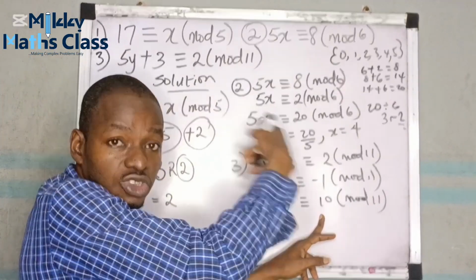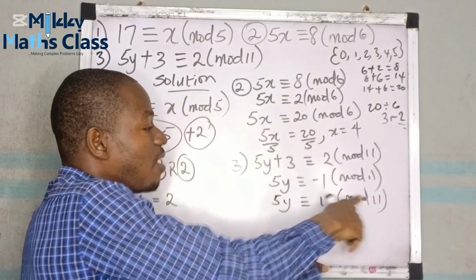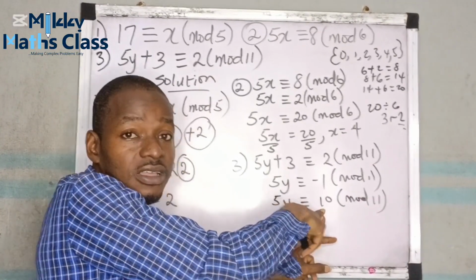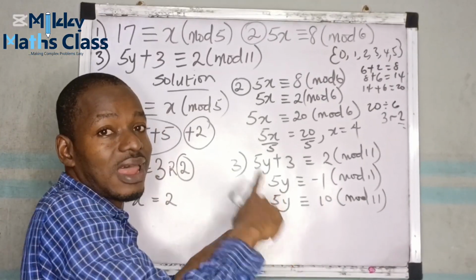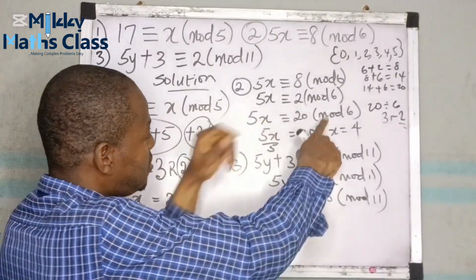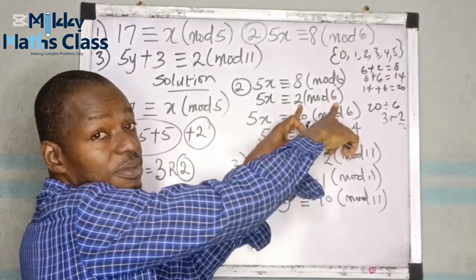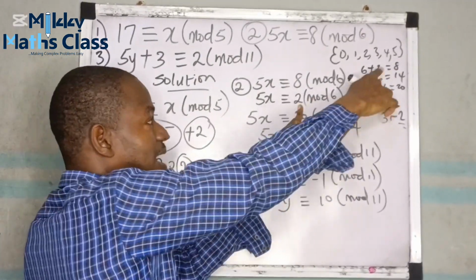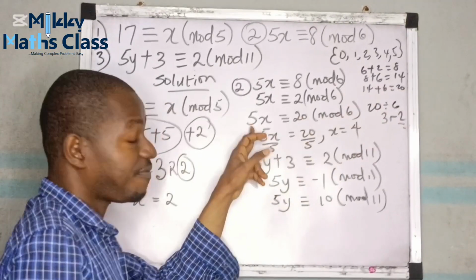If it cannot, continue adding this modulus. Assuming 10 cannot be divided by 5, I will continue adding 11 to this until I get to a point where this can divide, so that I will have a whole number. That is the same thing I did here. I kept on adding this 6 because I'm in modulo 6 to this remainder until I got to a number which is 20 that 5 can divide.